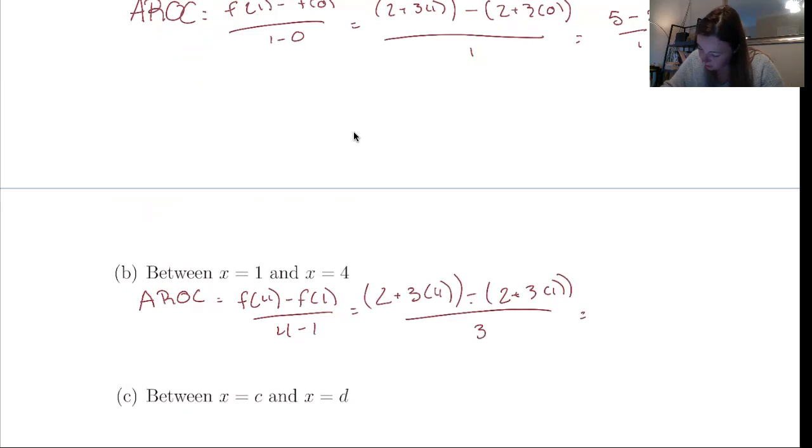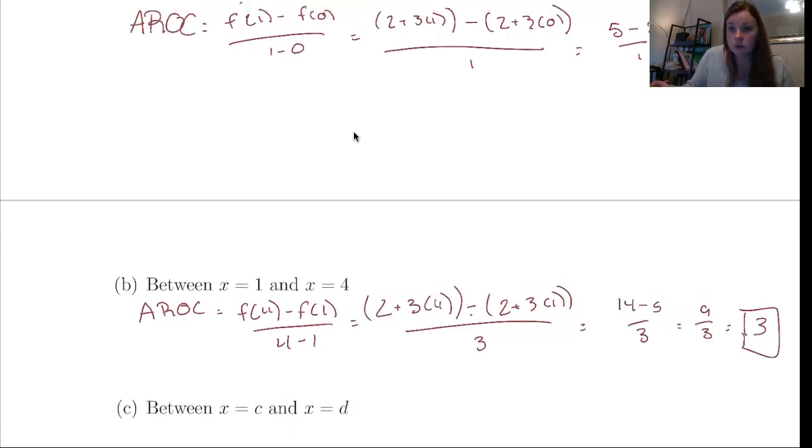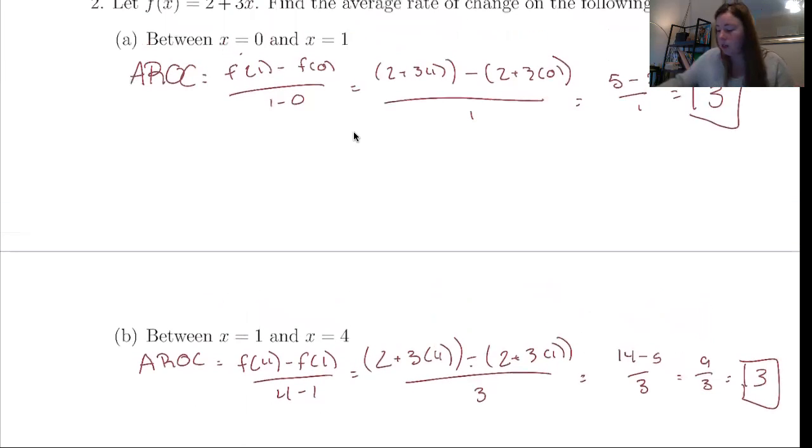So 2 plus, what's 3 times 4? 12. So this is 14 minus 5 over 3, which is going to give me 9 over 3, which again is 3. So no, even though my interval here from 1 to 4 is 3 times as big as from 0 to 1, they still have the same average rate of change.